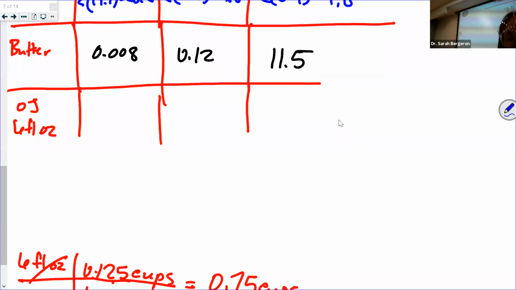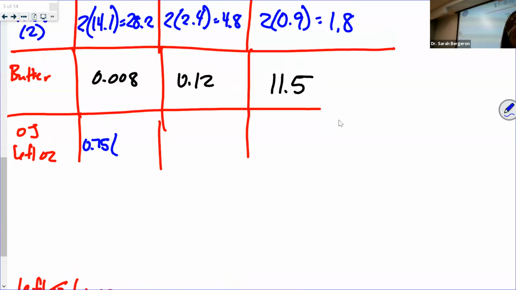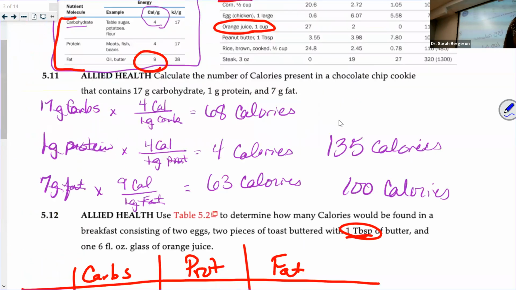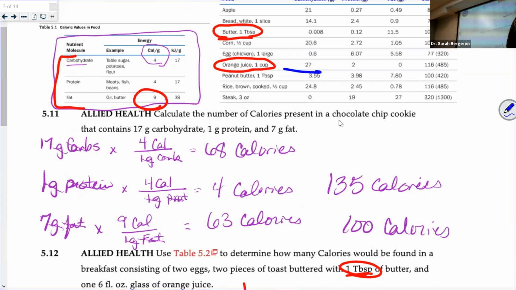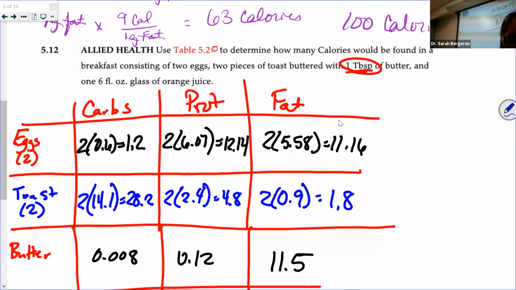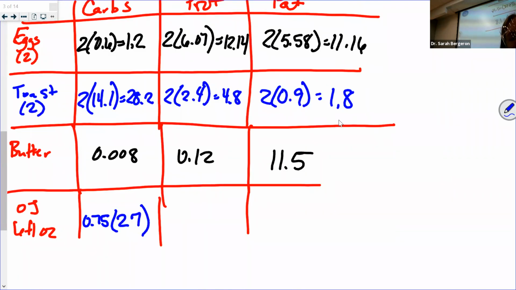I have to multiply 0.75 times whatever my OJ was. Where's my OJ? Here. So my carbs are 27. And then I need to do 0.75 and 0.75.